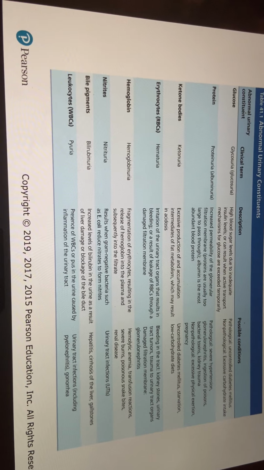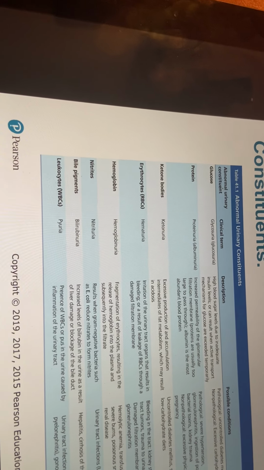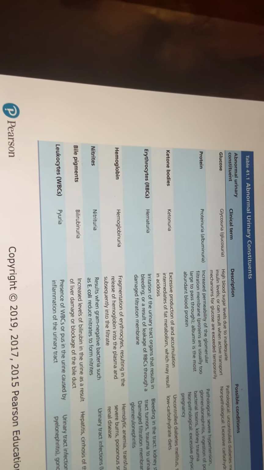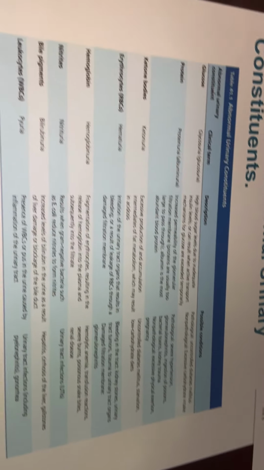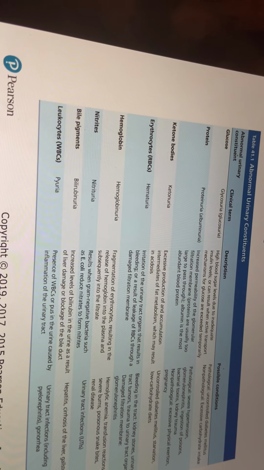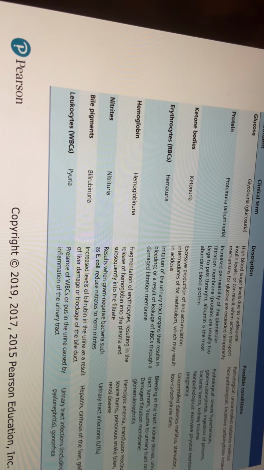What do you think is the pH in diabetes? In diabetes has glucosuria, high. Okay, the pH could be higher. What about in glomerulonephritis?